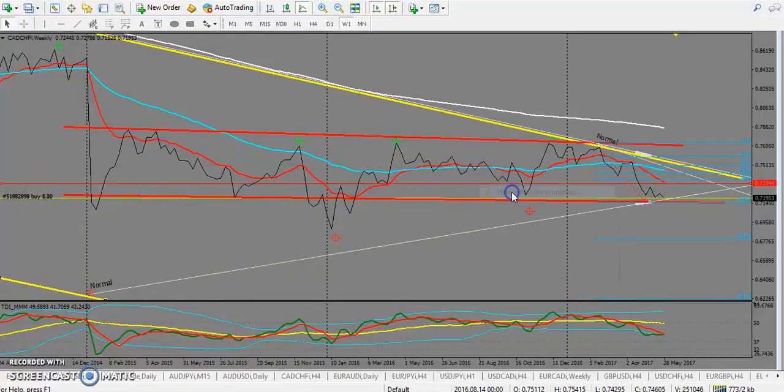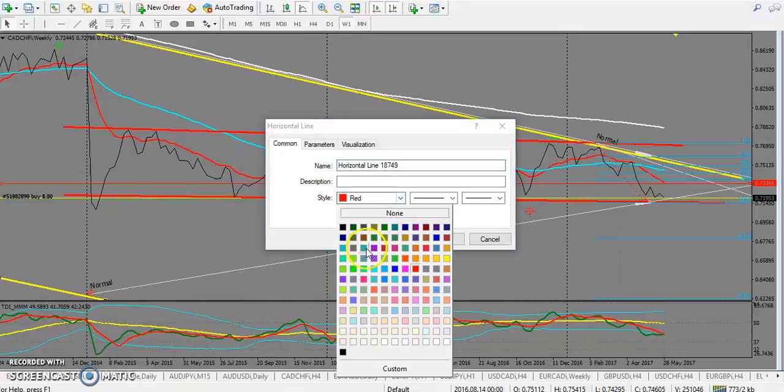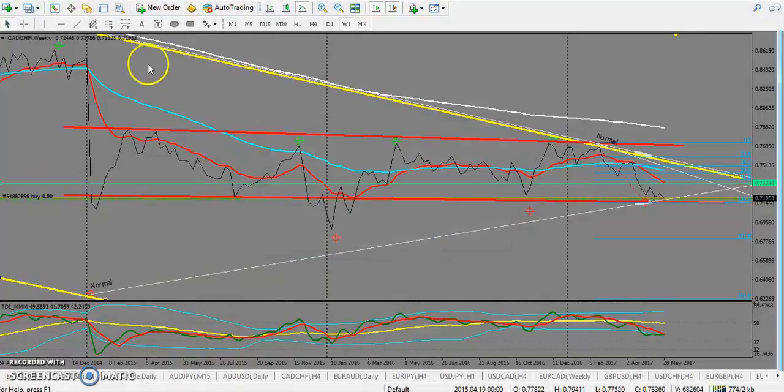Let me change that back to lime, just because I like the lime. Oh, I hit the wrong color. Oh well, deal with it at the moment, because I'm almost done here. Anyways.